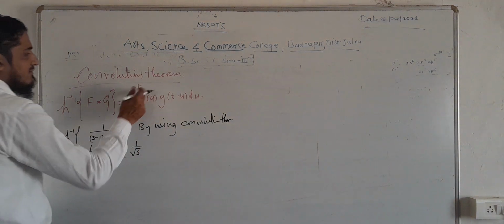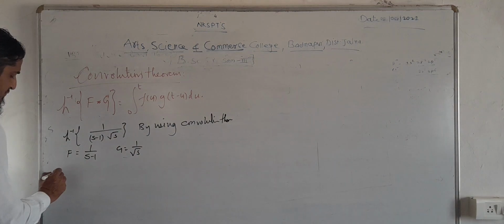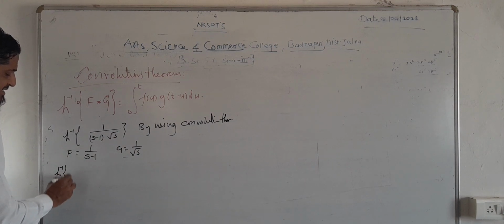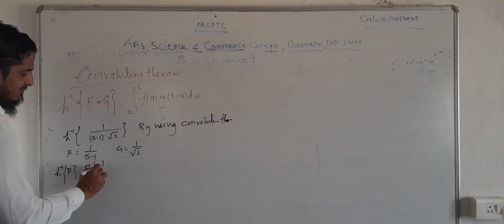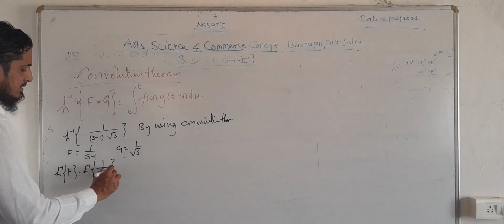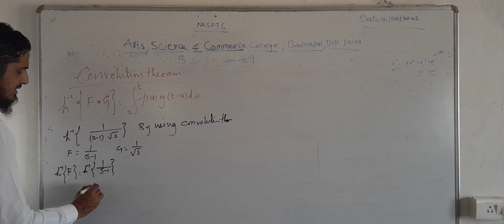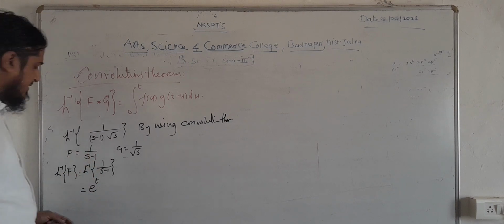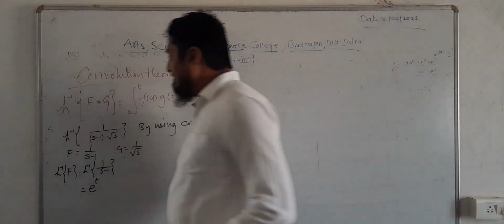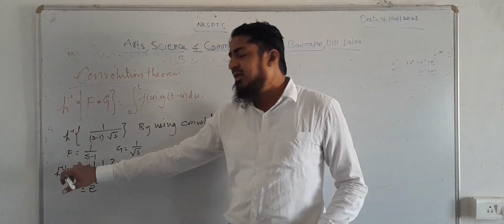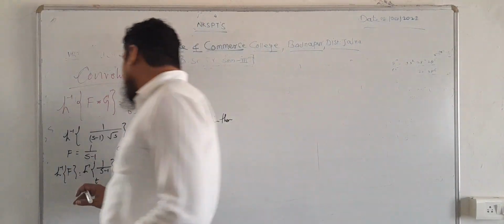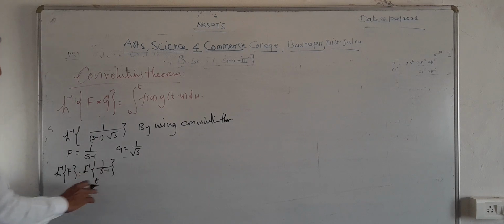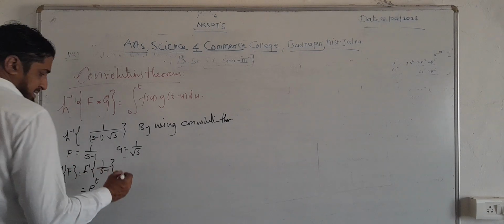Find f(u) and g(u). So the inverse Laplace transform of F is the inverse Laplace transform of 1 upon s minus 1, which will give us e raised to t. Correct? We have just found the inverse Laplace transform of 1 upon s minus 1, which is e raised to t.